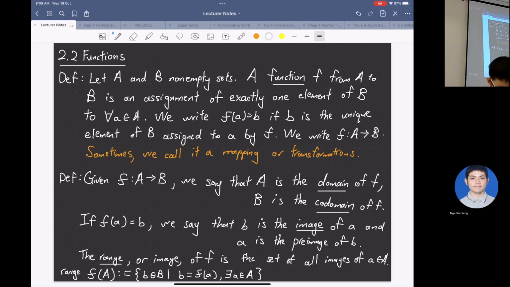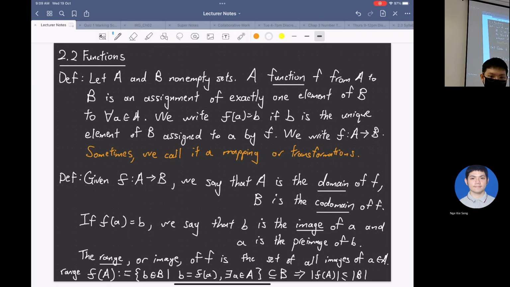Note that the range is always a subset of the codomain. So its cardinality is less than or equal to that of the codomain. For every element in the domain, we know where it gets sent to, but we might not reach all the elements in the codomain.